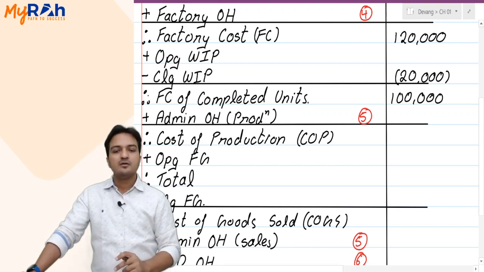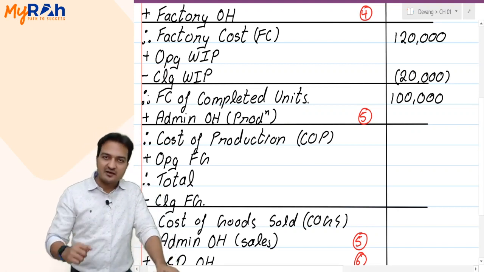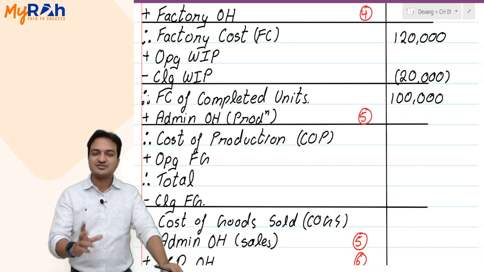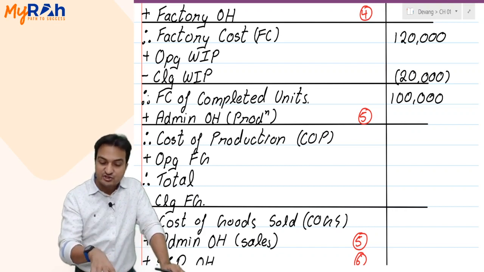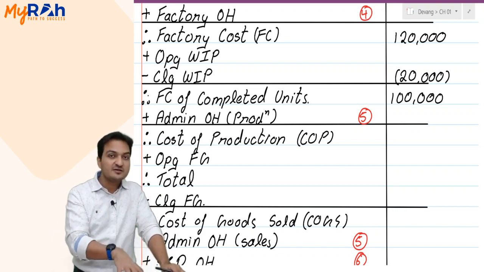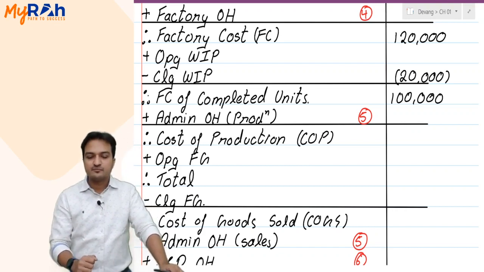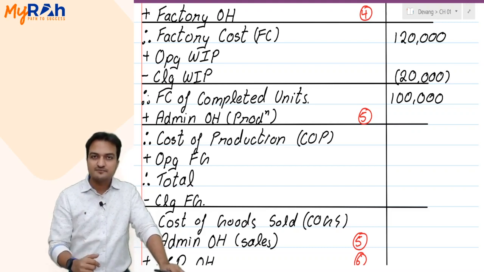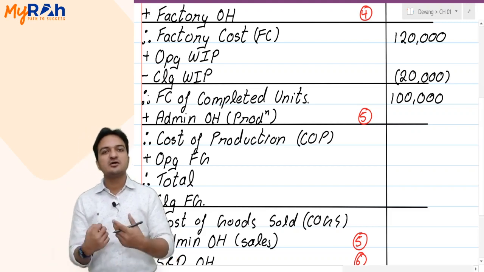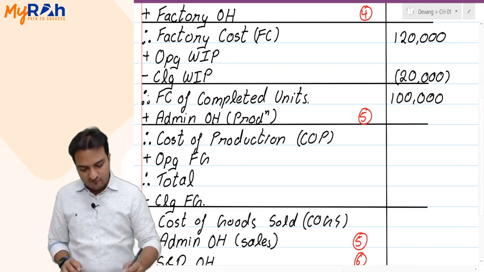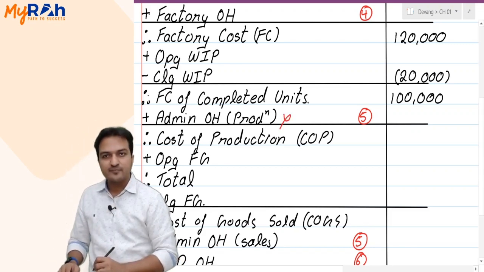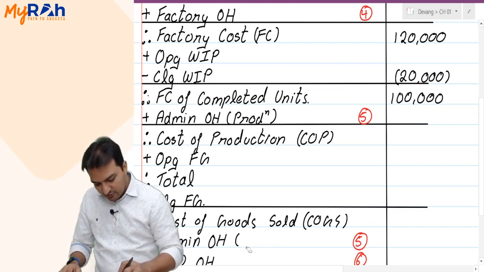But in general, say accountant salary, or for example stationery costs in the office, can I clearly define a relation that accountant salary is incurred only for completed units, for all the completed units? No, accountant salary is a general admin cost. Any such general admin cost will not be written over here, rather it will be written down here.